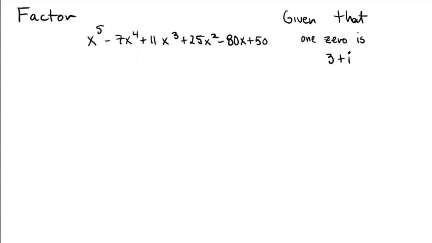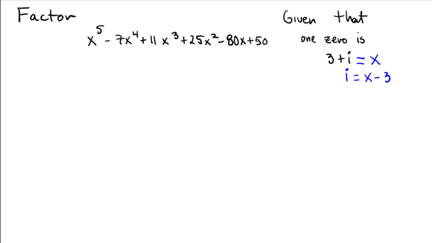But one cool technique we can use is that if we know that 3 plus i is a zero, then we can write down x equals 3 plus i and solve this mini equation for the polynomial that has roots of 3 plus i. To do so, subtract 3 from both sides so that i equals x minus 3.